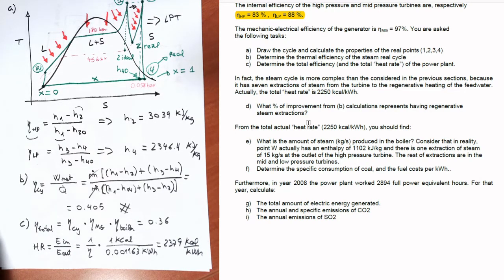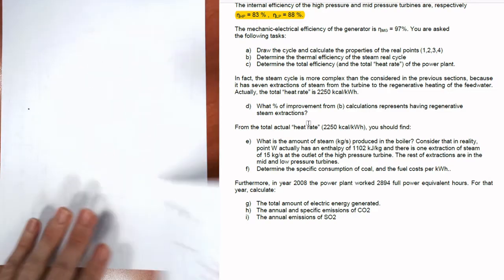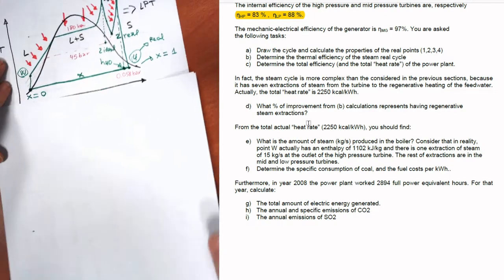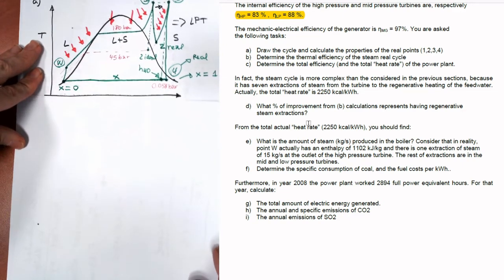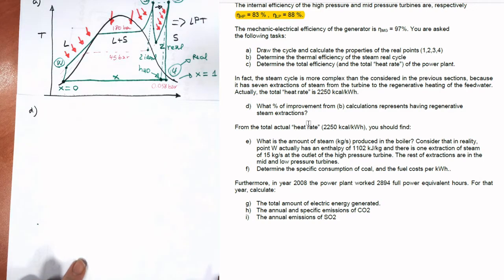Let's move now to option number D, which is rather simple. Let me keep this on top because we need it. Option number D is only asking what percentage of improvement from calculation B represents having regenerative steam extraction, because they are telling us that the heat rate is not really 2379 as I just calculated, but 2250.